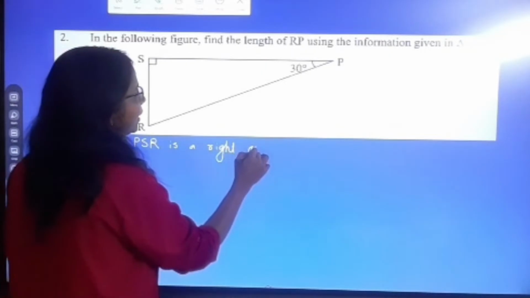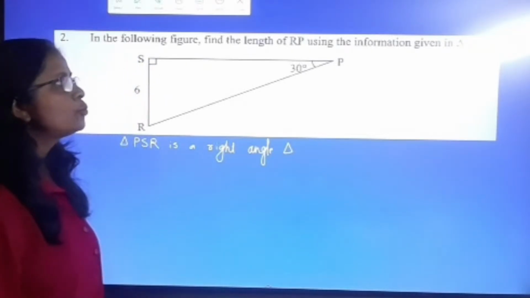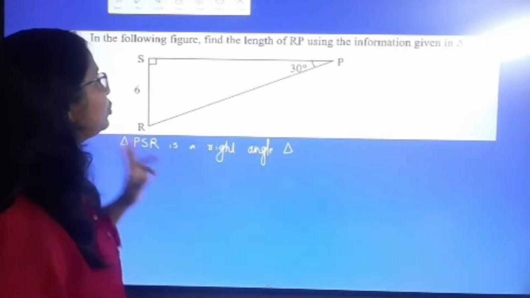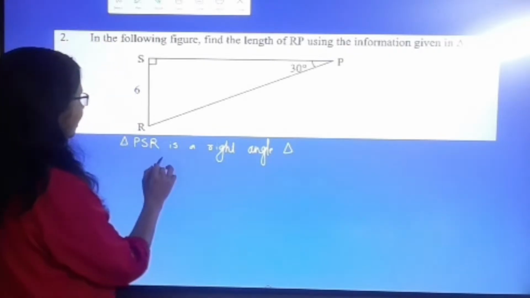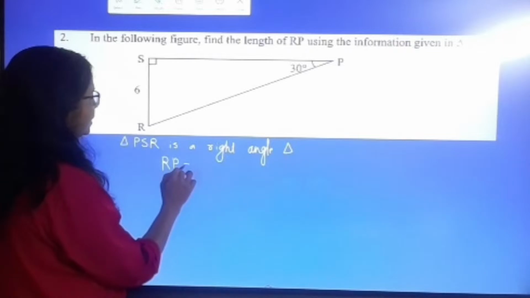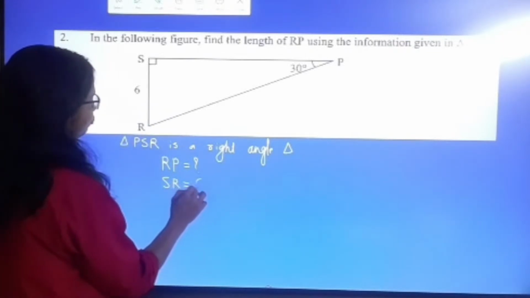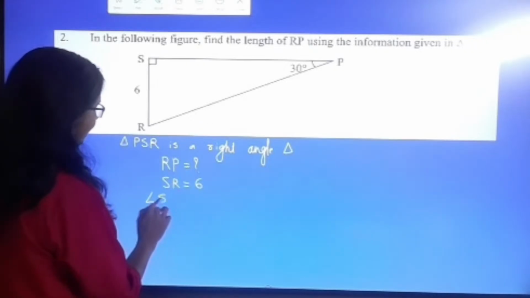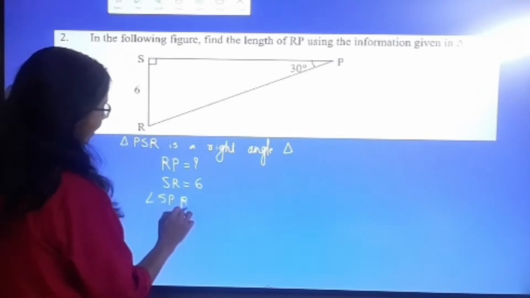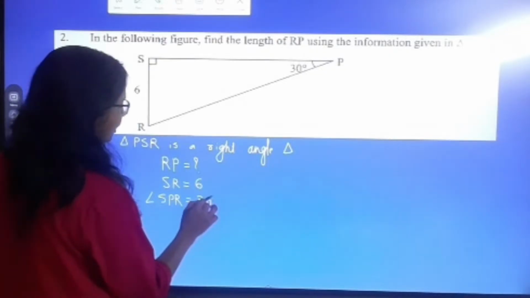Then we have to find out RP. RP is equal to question mark, SR is equal to 6 and angle SPR is equal to 30 degrees.